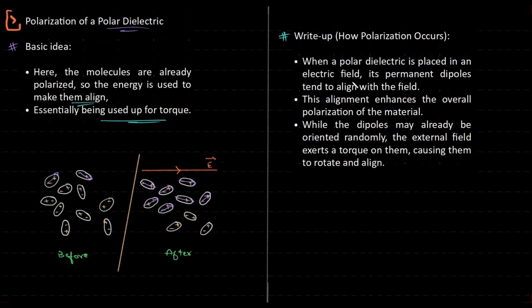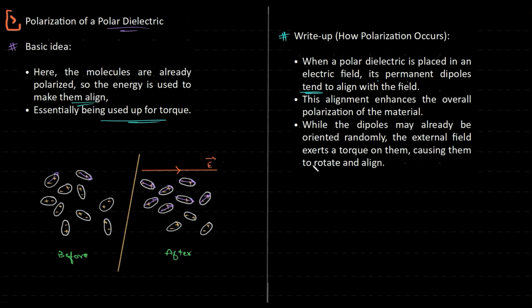So how does polarization occur over here? When a polar dielectric is placed in an electrical field, its permanent dipoles tend to align with the field. They try to. This alignment enhances the overall polarization of the material. The net effect is that the overall material looks like it's becoming a dipole.